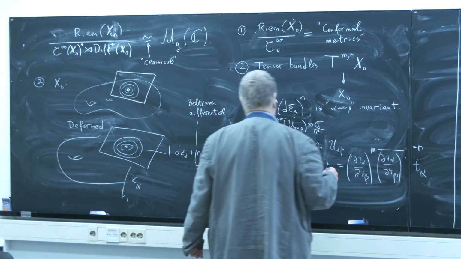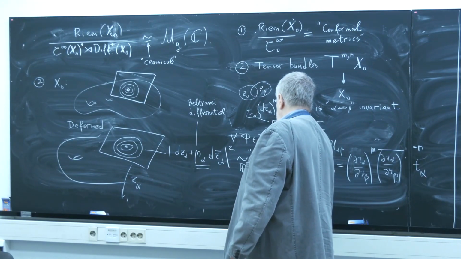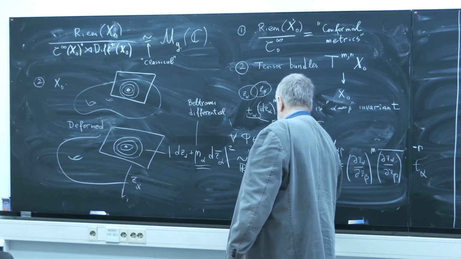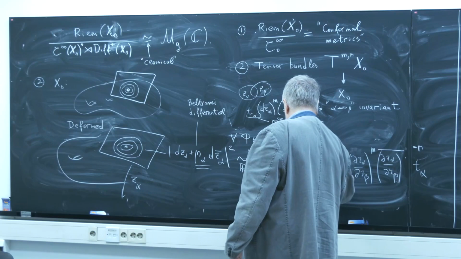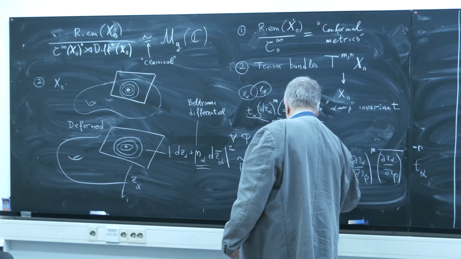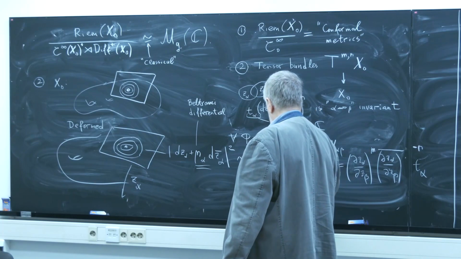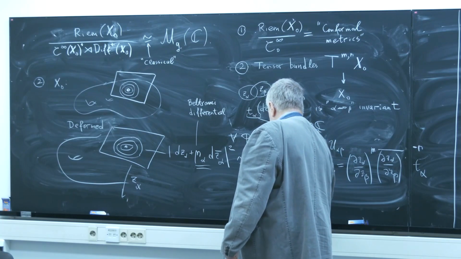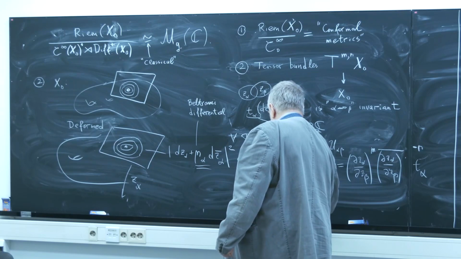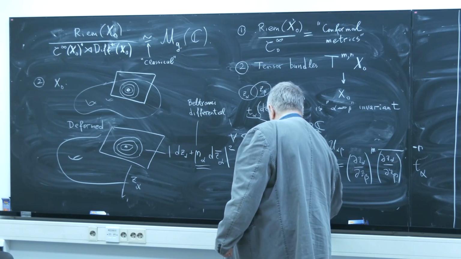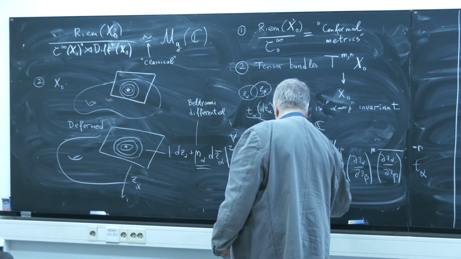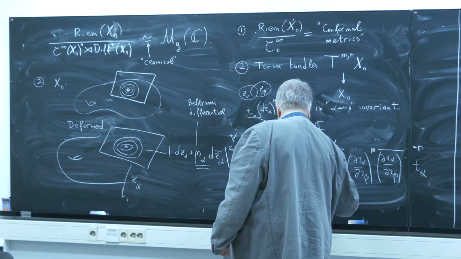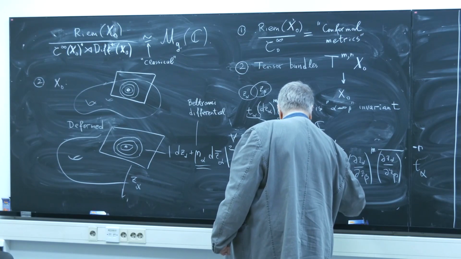Now, just to recognize some: T sub alpha dz alpha corresponds to 1,0 forms, and then T sub alpha d over dz sub alpha bar corresponds to 0,-1 tensor forms, and so on.